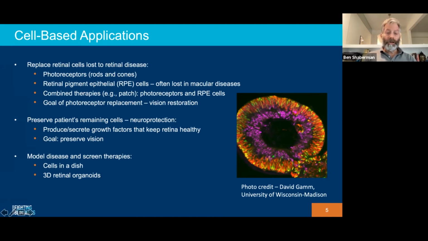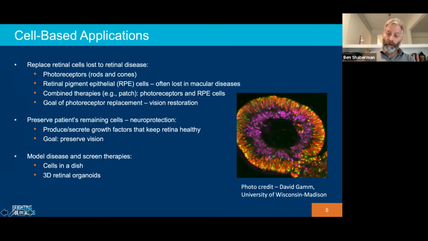Now, stem cells are also used to model diseases and to screen therapies. You can look at these cells when you make new photoreceptors or RPE cells. You can look at them in a dish. And researchers over the last few years have been making what are called 3D retinal organoids, these rudimentary retinal structures that are really great for modeling disease and also screening therapies.